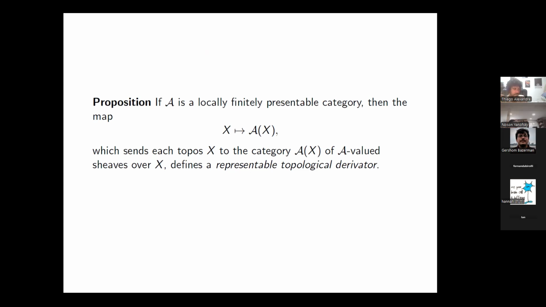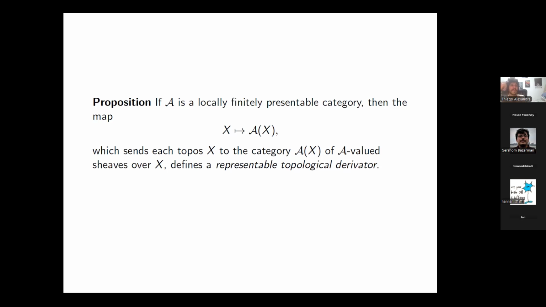Another important thing is that this construction of taking A-valued sheaves, if the category is not a locally presentable category, then we can't even construct the inverse images. It doesn't even define a topological prederivator because we don't know how to sheafify.